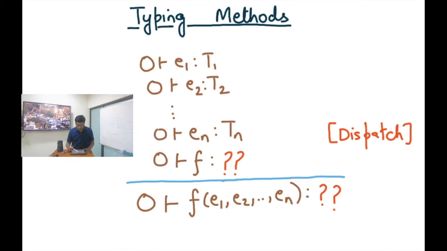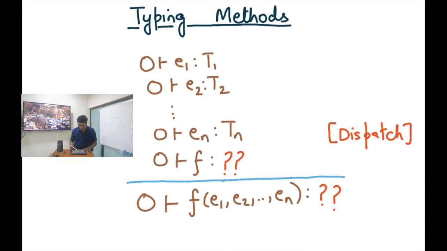So for example, the hypothesis could say that e1 is of type t1, e2 is of type t2 under a particular type environment. And notice that we're using the same type environment because we're assuming that the type environment is not changing during this function call dispatch. Now, en is of type tn, and then f needs some type as well, and based on that we will be able to say what is the type of this expression f applied on e1, e2, en.